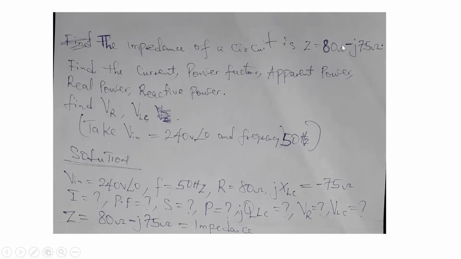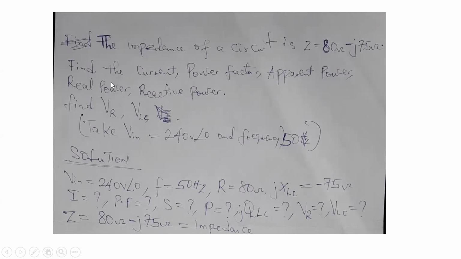This 80 ohms is representing the resistor, while the minus j75 ohms is representing the reactance. Reactance is the combination of inductor and capacitor when they are found together in a circuit. Are you following me?